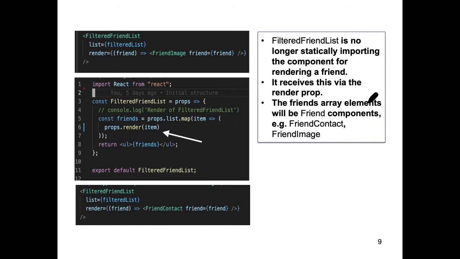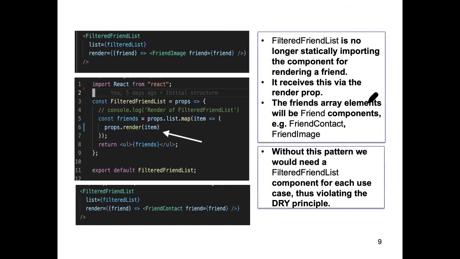What I'm saying here is that if I didn't have the render prop pattern, then I would need to have two instances of this component. One which renders the friends in one way and the other one which renders the friend in the other way. And they would be statically importing the particular friend component code.